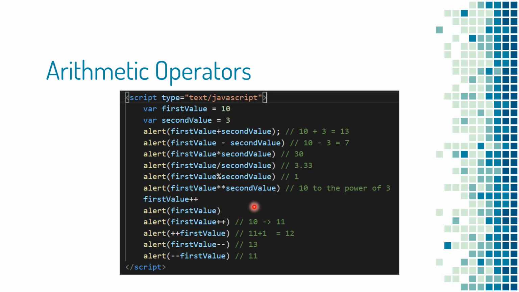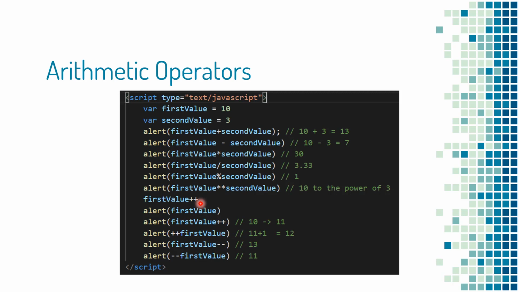Other operators considered arithmetic operators are the increment and decrement. Here, the first one means add 1 to the current value of the variable.